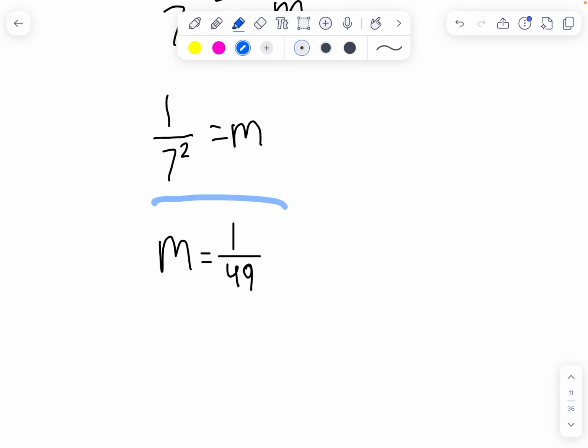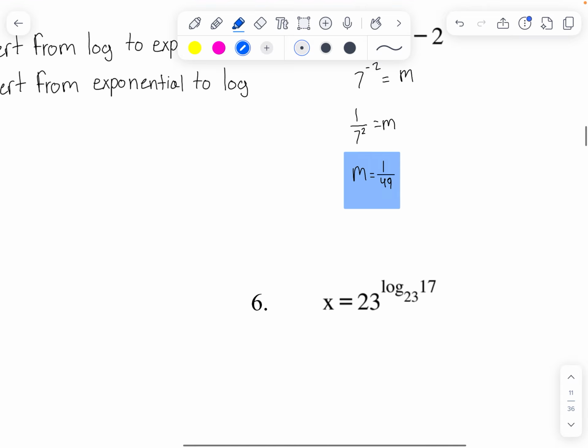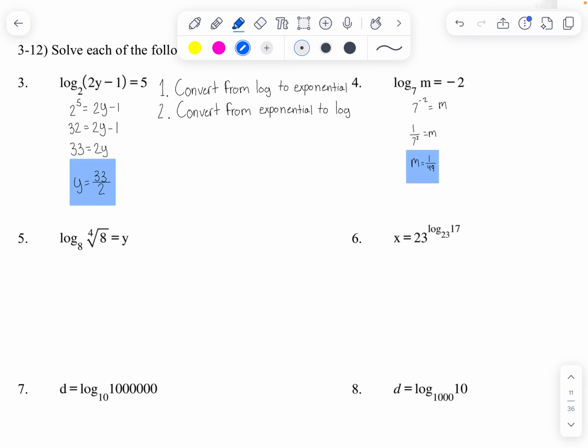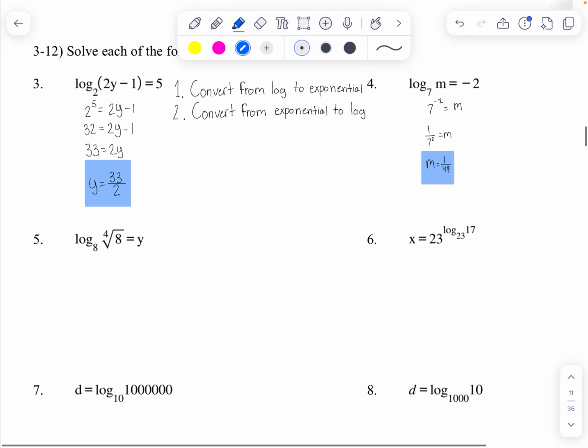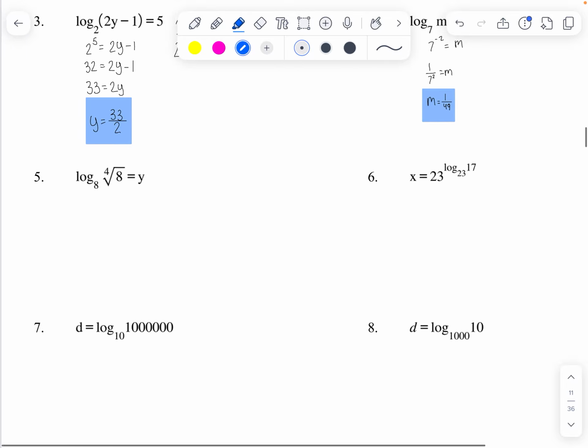And this is our second answer. On to the next question.